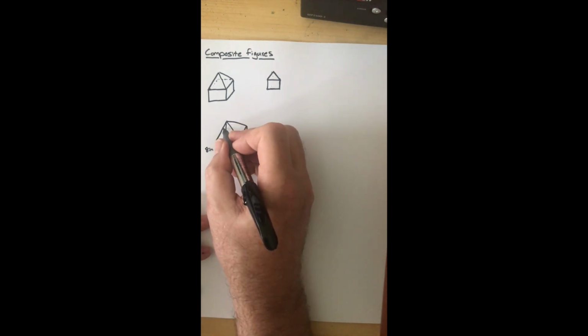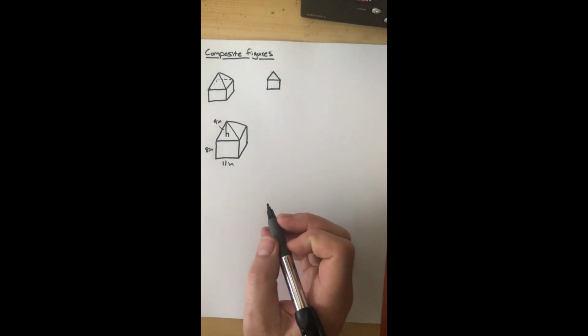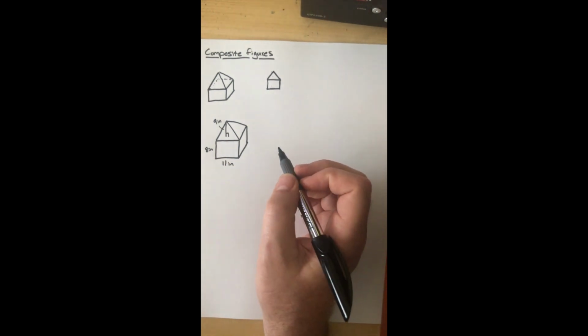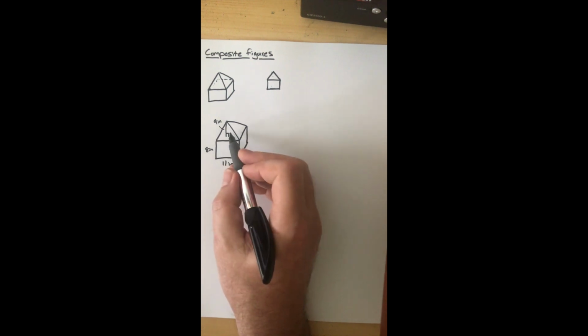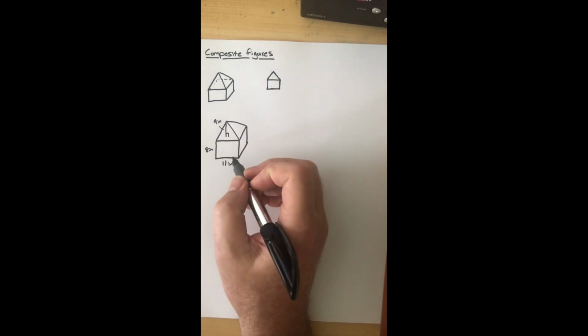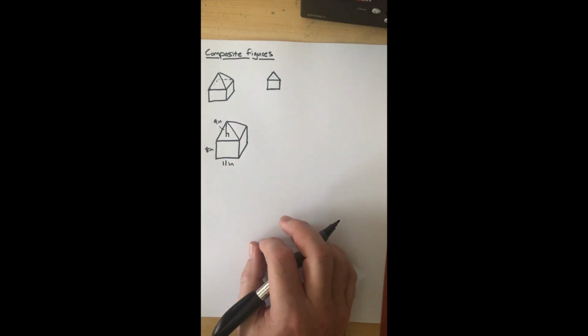You just need a height for the top. That looks like a good 9 inches. Okay. So what I want you to do is pause it and find the volume of the pyramid on top, find the volume of the prism on bottom, add them up, and let's see what we get.